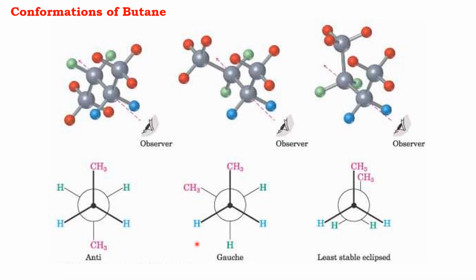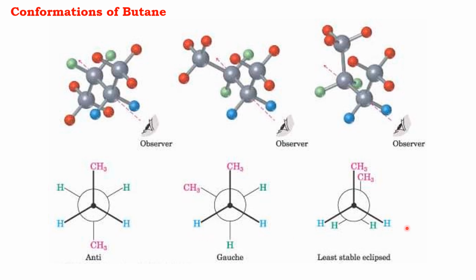That means in the gauche form, the methyl group present on the second carbon atom is placed between the methyl group and the hydrogen atom of the third carbon atom.